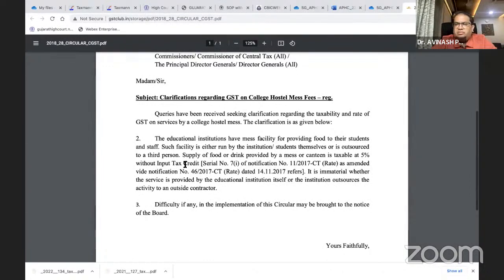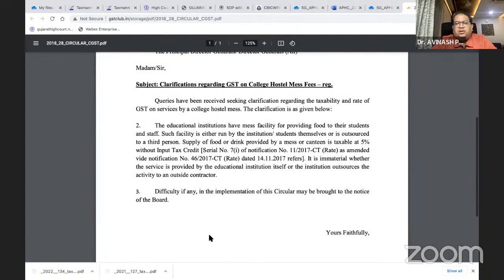Starting with para 2 only. The educational institutions have mess facility for providing food to their students and staff. Such facility is either run by the institution or students themselves, or is outsourced to a third person. Supply of food or drink provided by a mess or canteen is taxable at the rate of 5% without input tax credit, serial number 7, clause 1 of notification 11/2017, as amended by notification 46/2017.